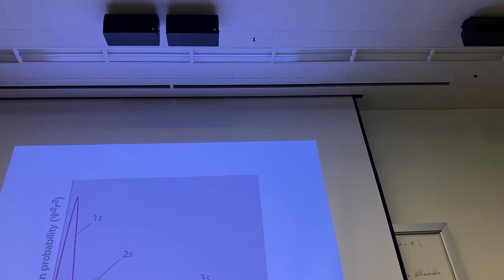The Bohr radius of the hydrogen atom is only the true representation of the size of the atom if the electron is in the ground state. If you put it in an excited state, the atom grows in size because the electron can be farther away on average. So the size of an atom actually depends on which state the electron is in.